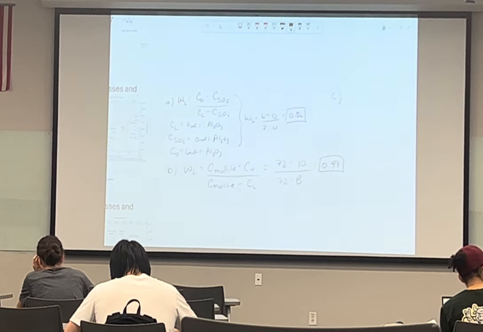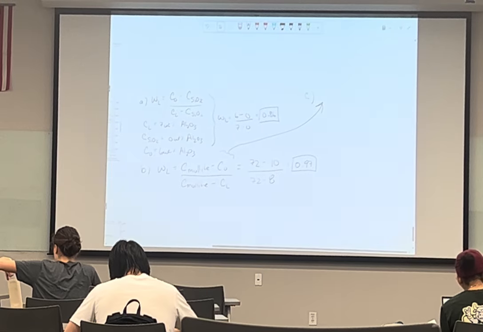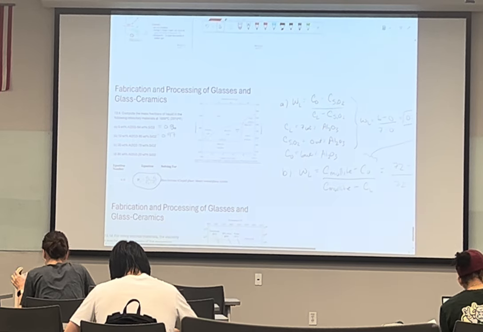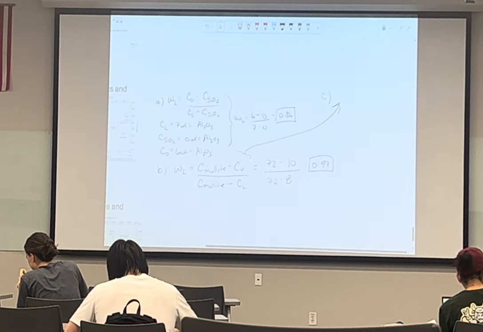And so for part C, kind of the same story here. We're using this equation in part C, but we know we have in part C 38% of the alumina, so it's going to change a little bit.